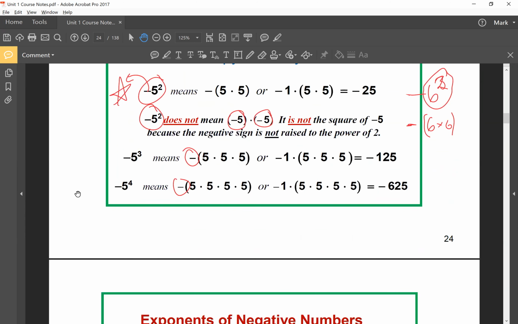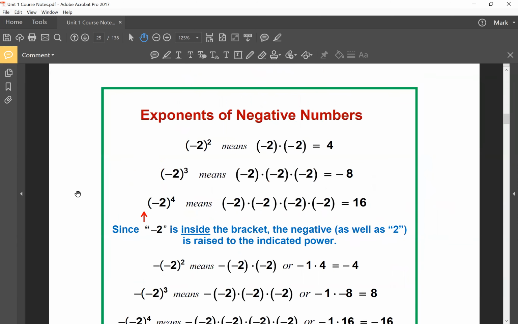Anyways. Well, what if I take the exponent of a negative number, but I use what's called brackets? Now, this is different than above because, and you can kind of think of BEDMAS for this, do your brackets, then exponents. Because the -2 is in brackets, I'm going to square that number. I'm going to square -2.